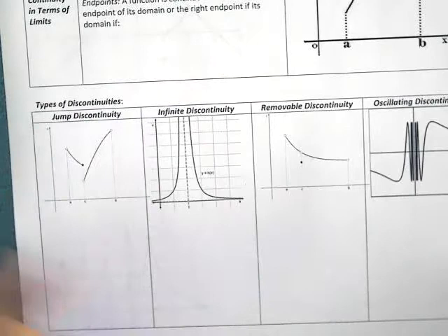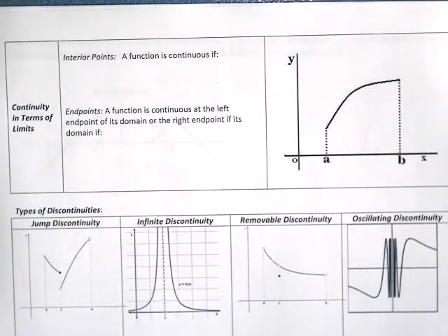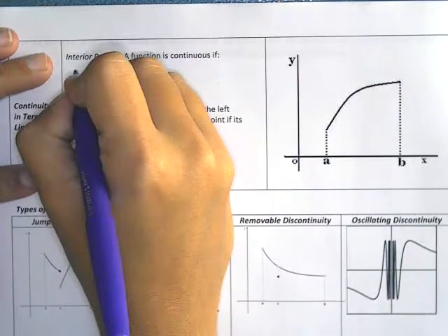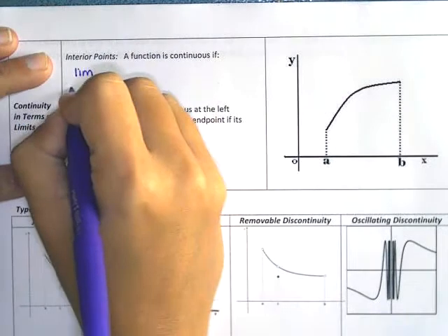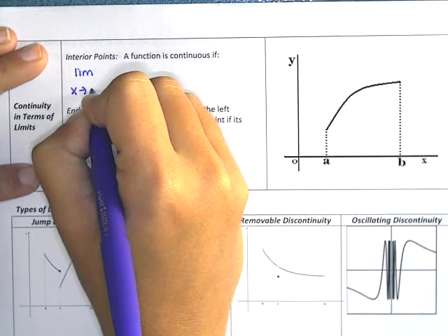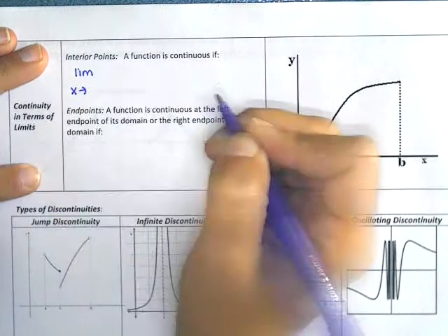So in terms of limits, which is what this chapter is really about, how can we use limits to determine whether a function is continuous or not? So we can say that a function is continuous if these 3 things exist. If the limit as x approaches your whatever x value, I'm going to call it like c.